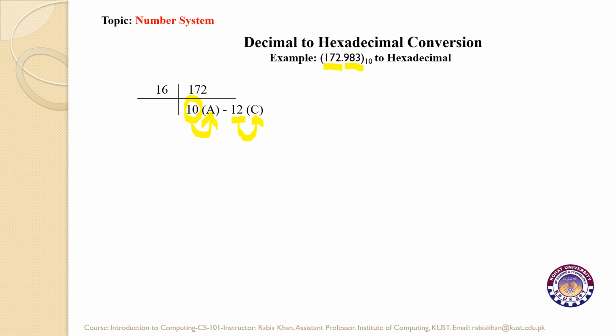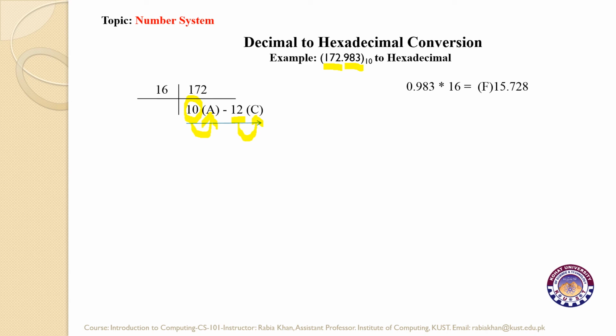Now, as you know, we have to write the integer answer in bottom-up manner, but before writing it we need to convert the fractional part. The fractional part is multiplied by 16 and the result is 15.728.